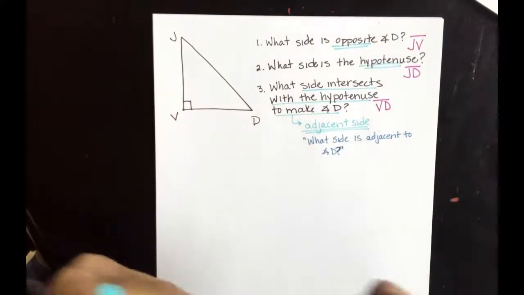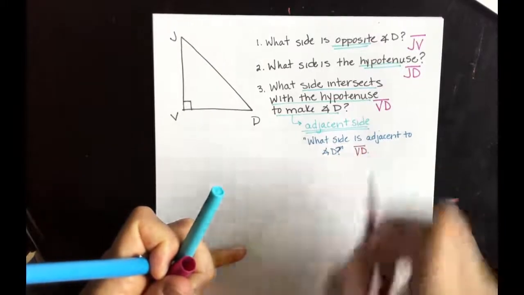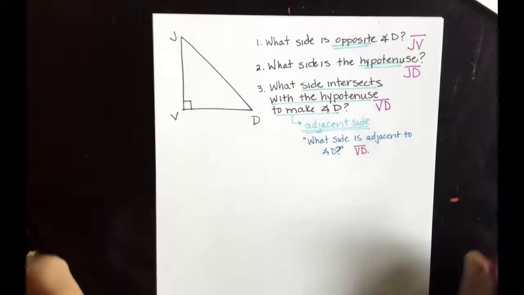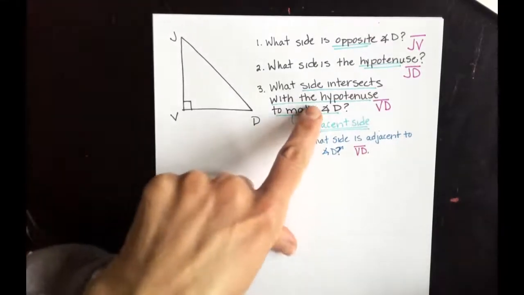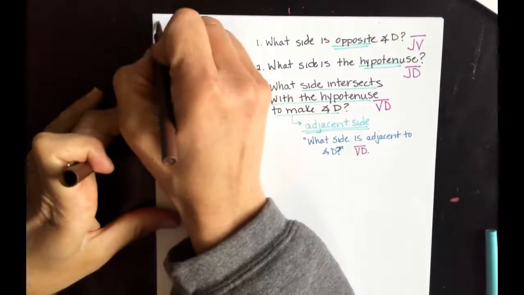And you would have told me the same thing. That's our answer for that problem. So in order for us to know truly what adjacent means, it's the one that's next to the hypotenuse. So let's look at this question.